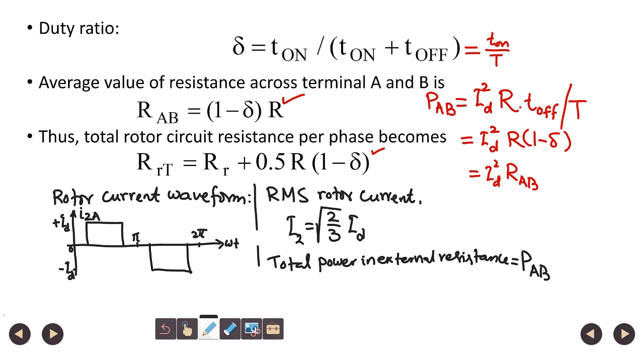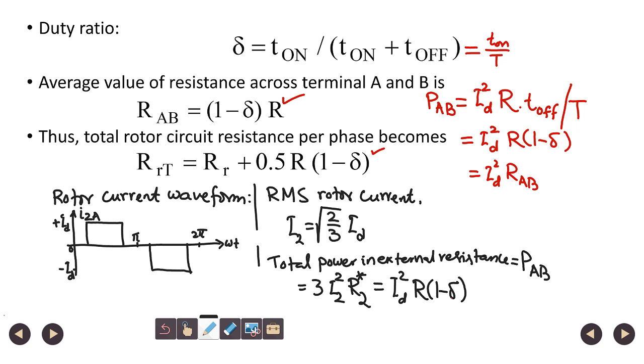So, that is 3 I 2 square into R 2, let us write R 2 star equals to, that is I d square into external resistance R into 1 minus delta.